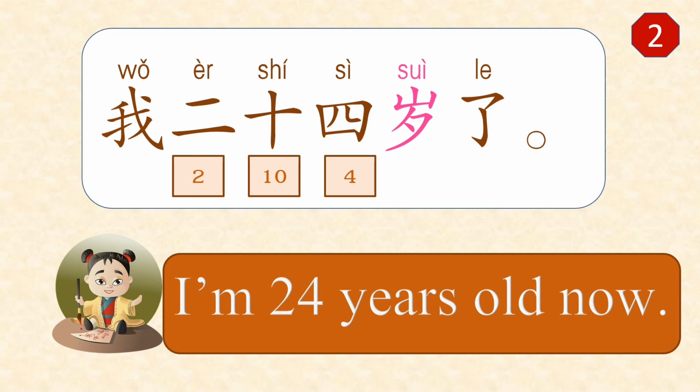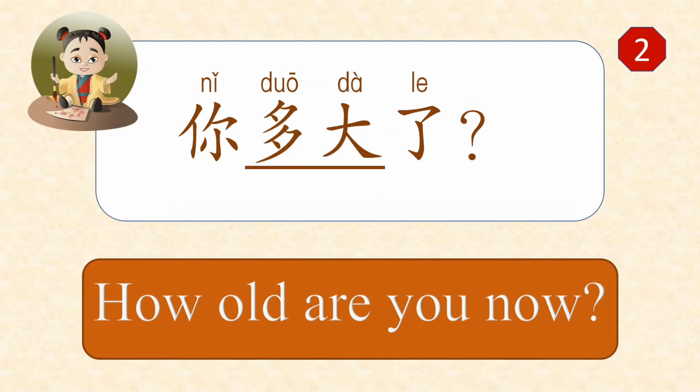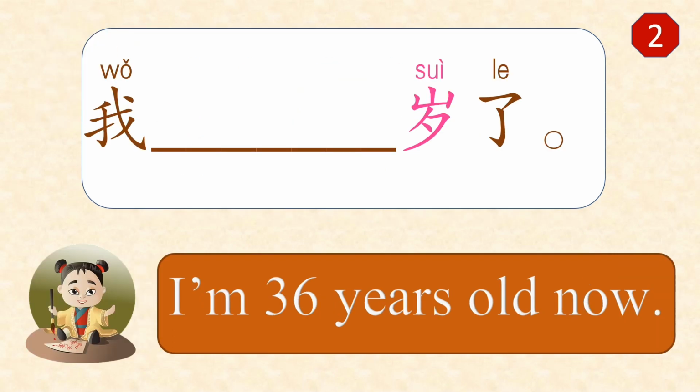Now let's test yourself with this question. 你多大了? How old are you now? What if I want to say I'm 36 years old now? How do you say 36 in Chinese?